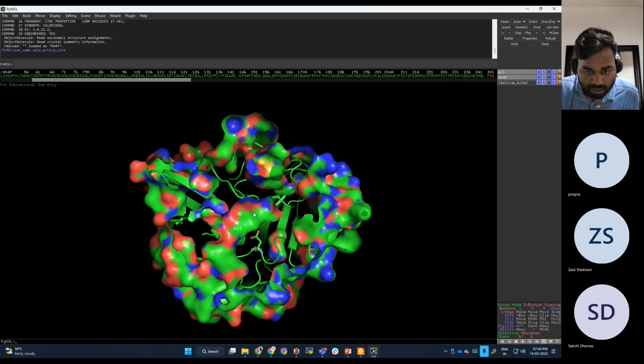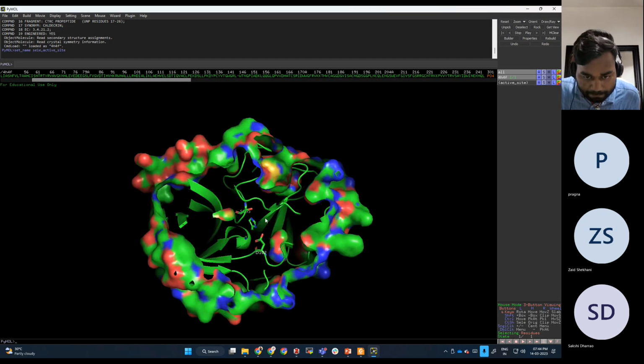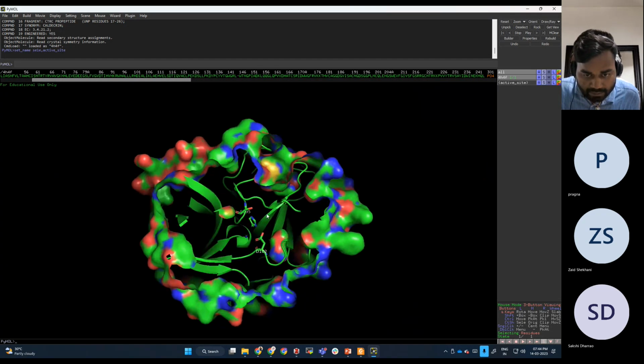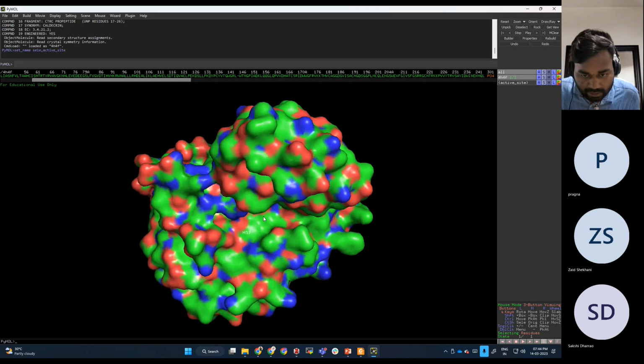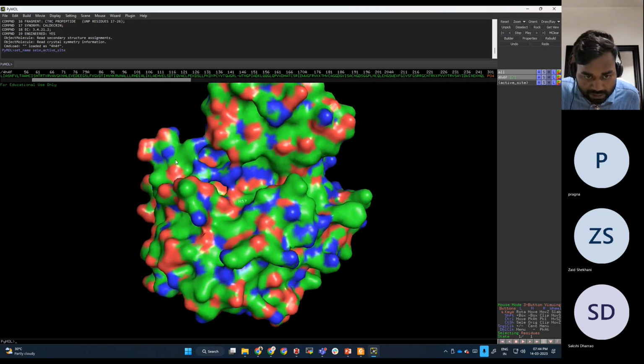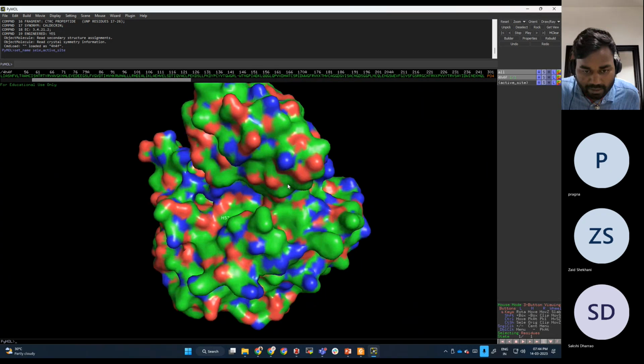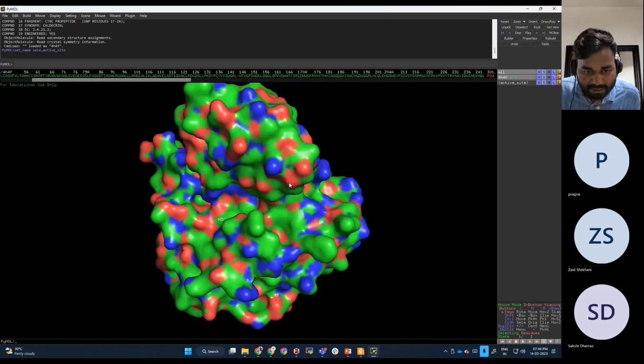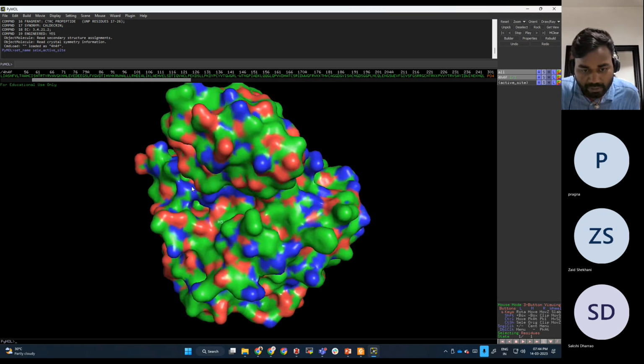So can you see this groove? Are you able to see this? So here your peptide chain will come. If you dock a peptide chain with this, then your peptide chain will come here.